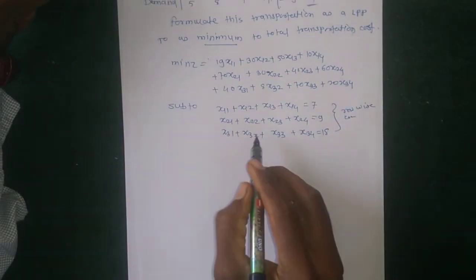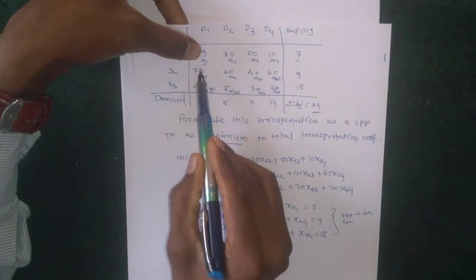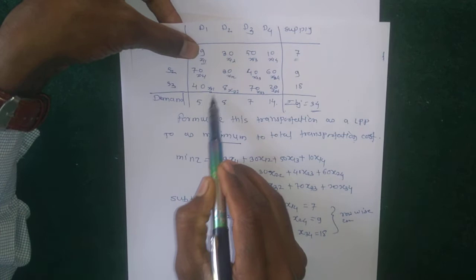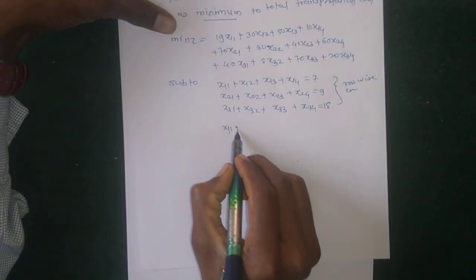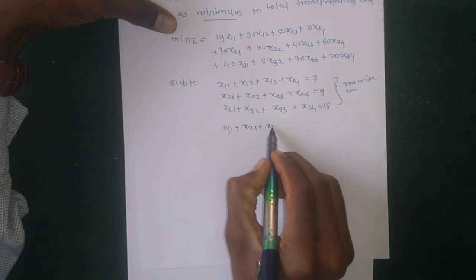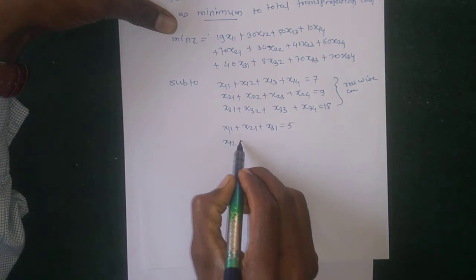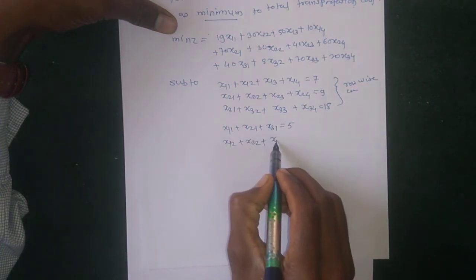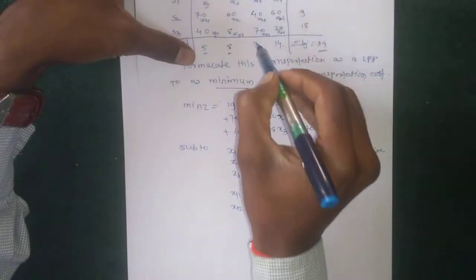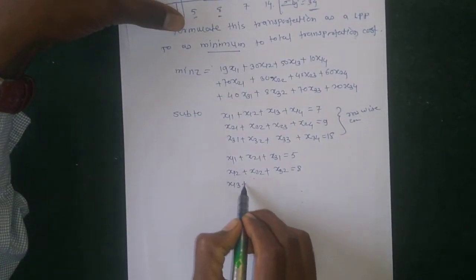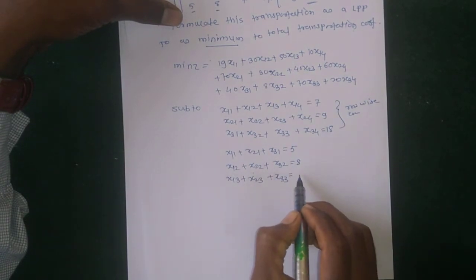Column wise, first x11 plus x21 plus x31 is equal to 5. Then x12 plus x22 plus x32 is equal to 8. Then x13 plus x23 plus x33 is equal to 7.